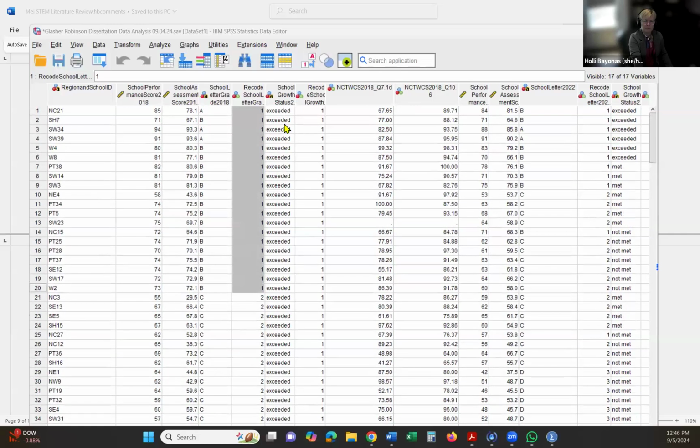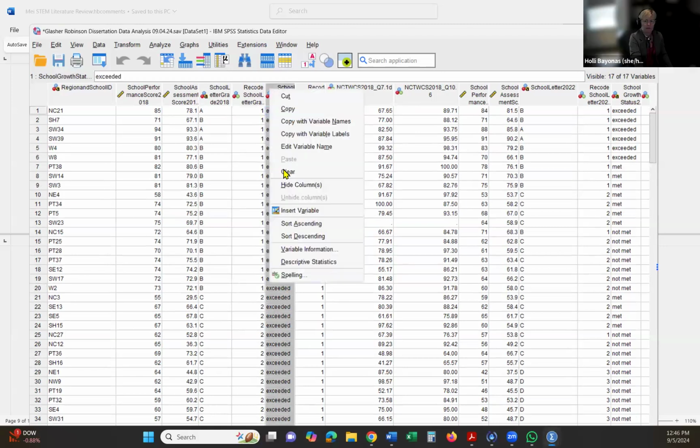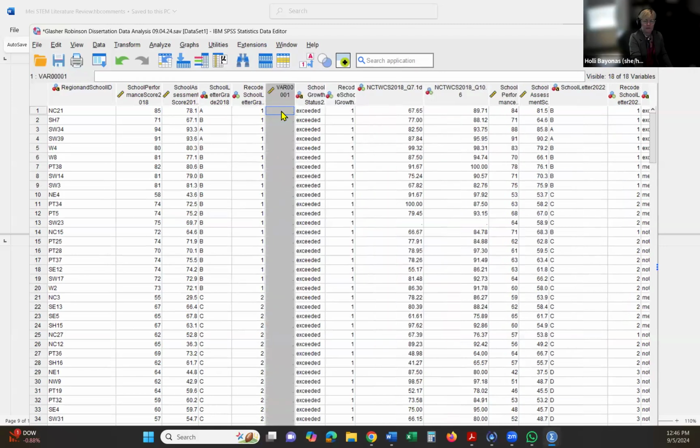So I have exceeded, and they're A or B. Correct. And then the other group is low performing, D or F and not exceeded.